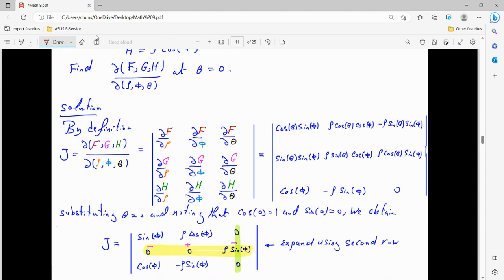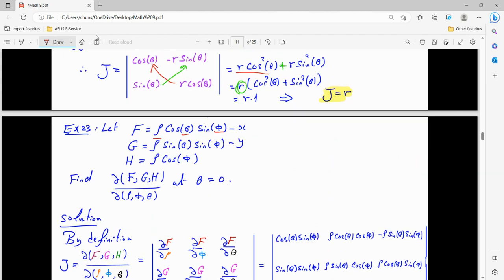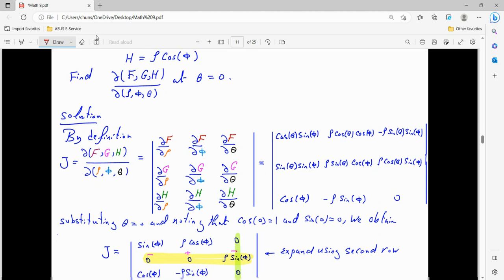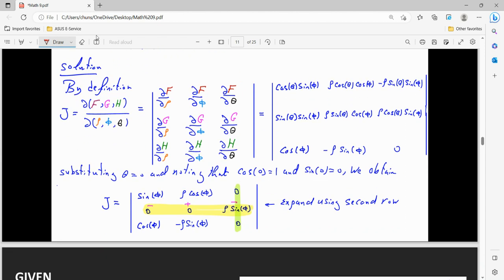In this case, we will be plugging in for our theta, because we're given theta equals 0 here. So once we have written all of this out, each partial derivative written out in this form, once we substitute for theta, we see that there is this row here.